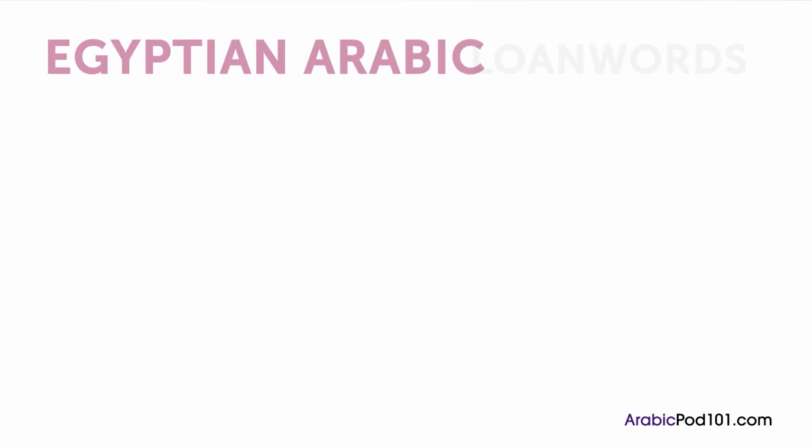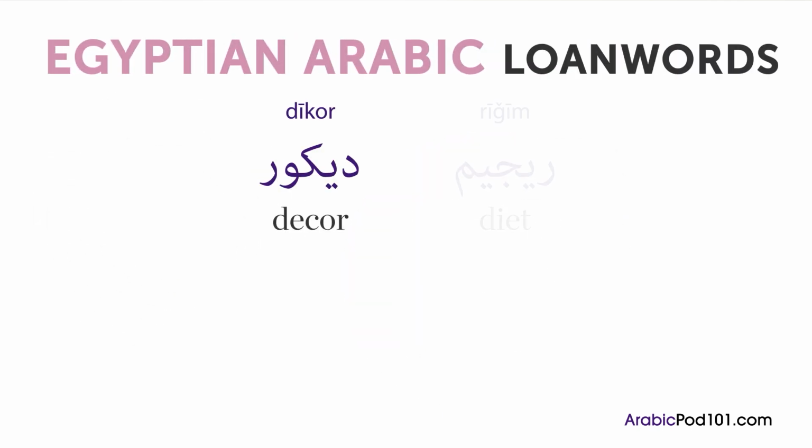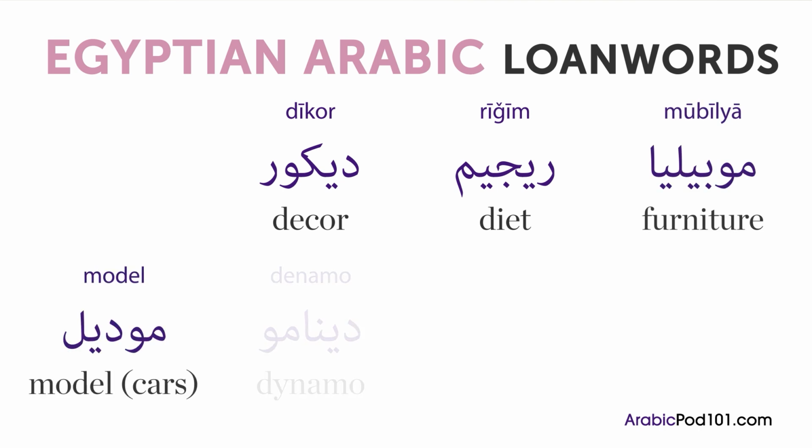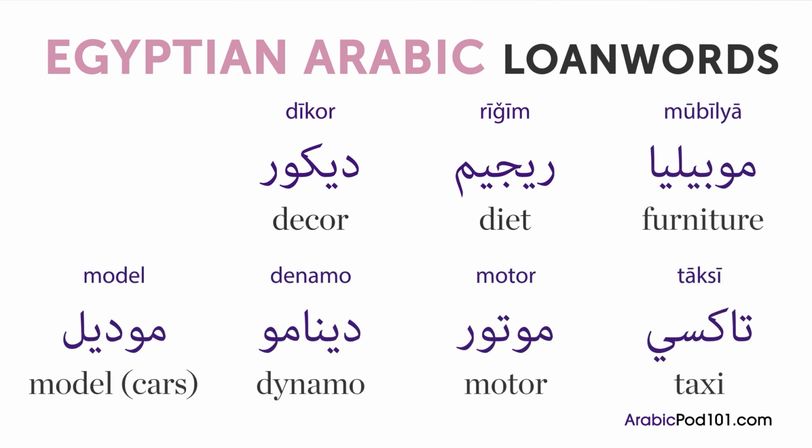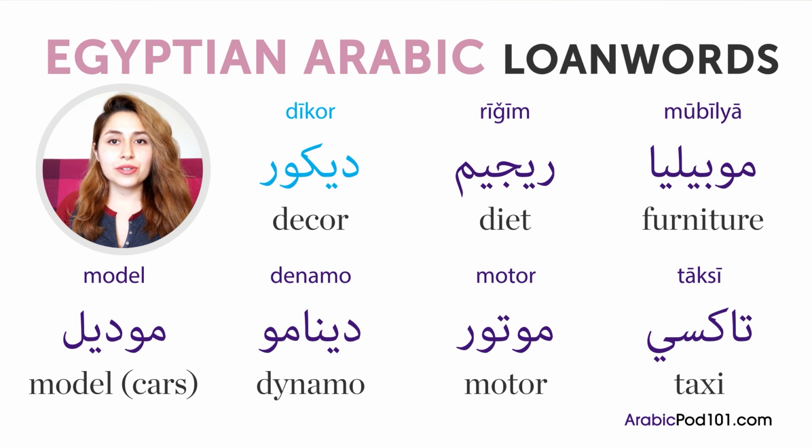First, here are some words that are used in Egypt on a daily basis that have English, French, Latin, or Italian origins. Décor. Décor. Régime. Diet. Mobilia. Furniture. Model. Model, usually used for cars. Dynamo. Dynamo.